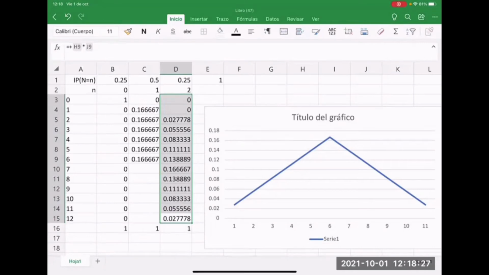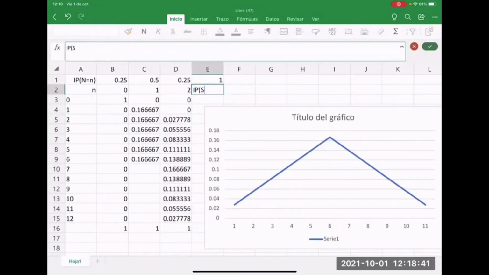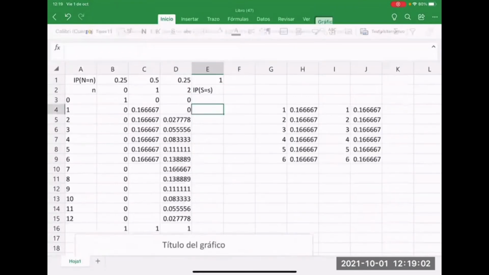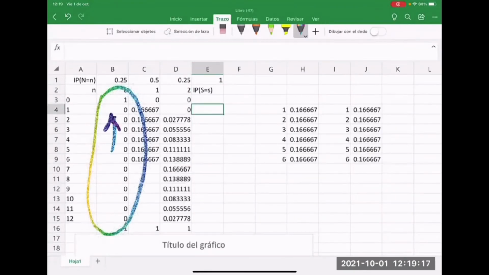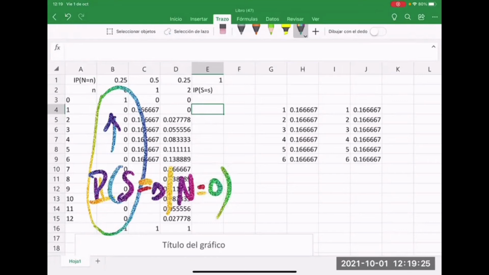But still, we don't mean to find precisely this. What we mean to find is the probability that S equals s. Now, this column here represents the probability that S equals little s given that n equals 0. That is what we have in the first column.